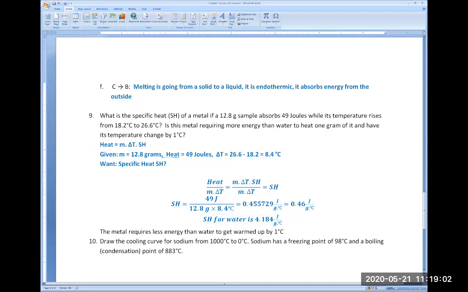And 1 gram of it. I should say that here: 1 gram of the metal requires less energy than 1 gram of water to get warmed up by 1 degree Celsius, because it's a smaller value that is needed. You need less joules, which means you need less energy.